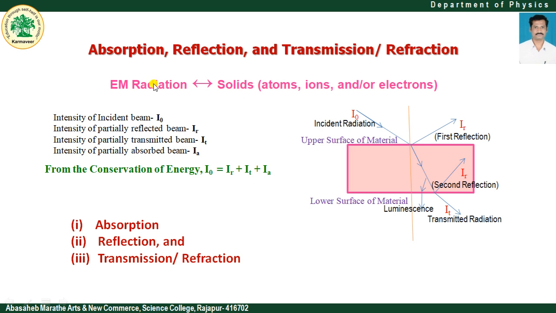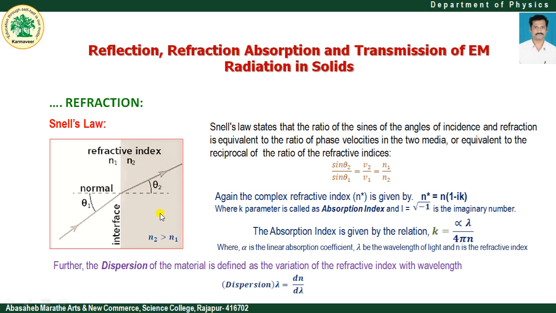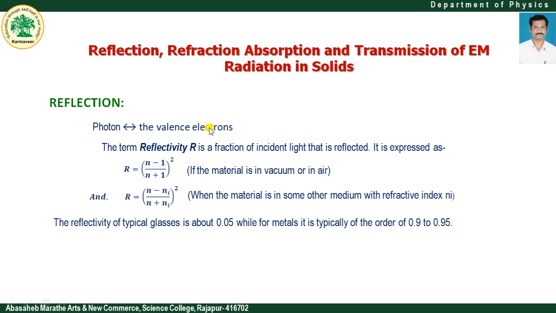This interaction causes the process of absorption, reflection, or transmission. In the last video lecture, we also studied the refraction process, the refractive index and Snell's law. Now, today we are going to study the process of reflection.